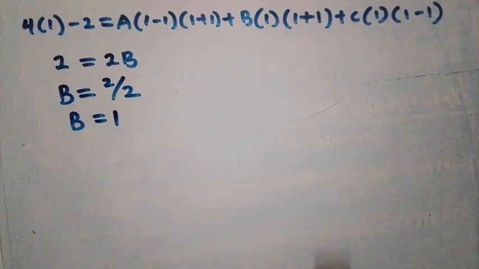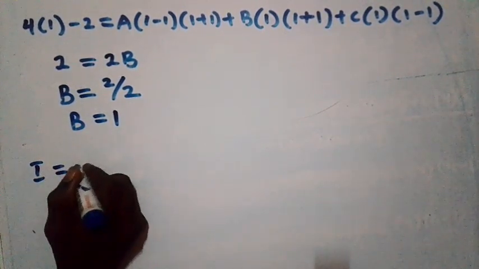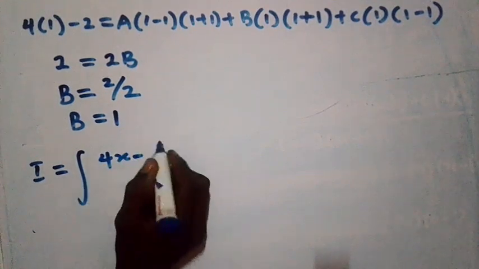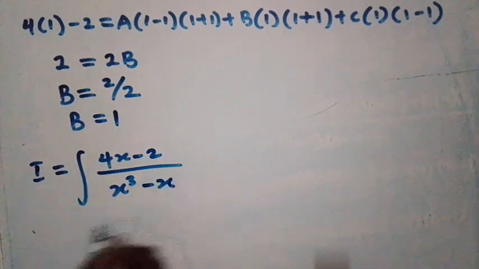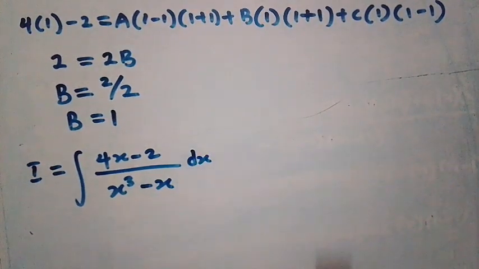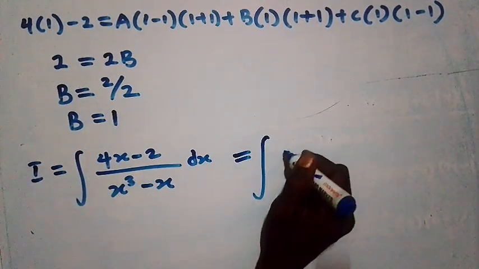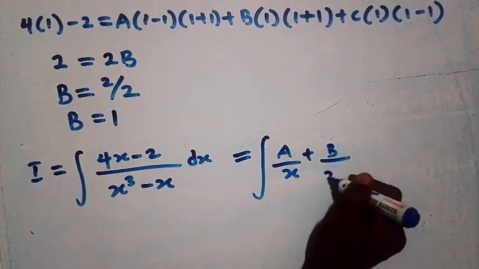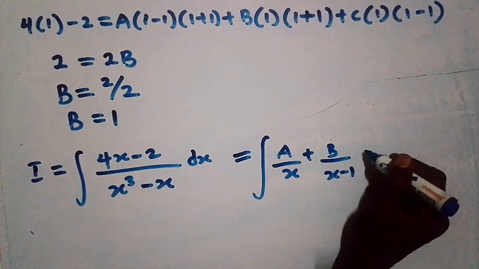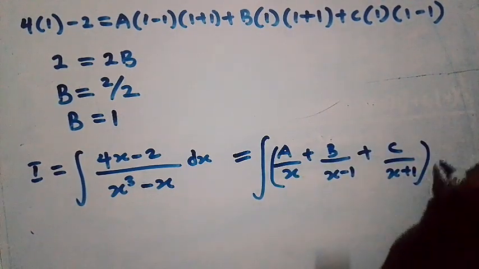If B is equal to 1, now let's integrate from the problem. I equals the integral of 4x minus 2 over x cubed minus x dx. If we solve it into partial fractions, it becomes the integral of A over x plus B over x minus 1 plus C over x plus 1 dx.